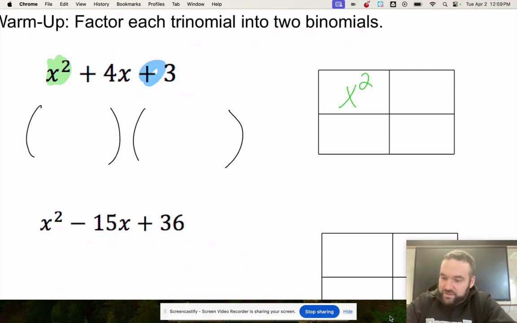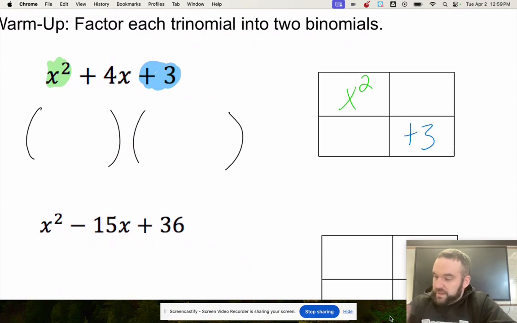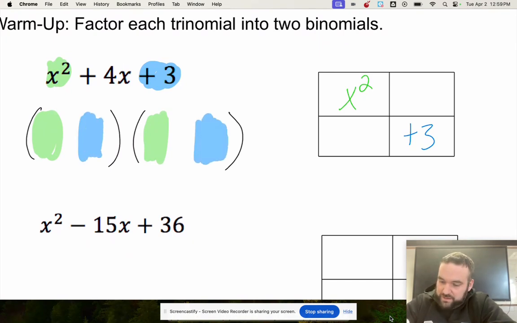I'm going to put my last term, positive 3, in the lower right-hand box. Because I know that whatever I put in the parentheses, this multiplied by this is going to give me my first term, x squared. And then this multiplied by this is going to give me my last term, the positive 3. And we'll deal with the 4x in a second.